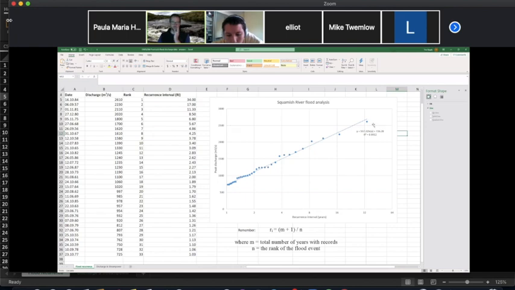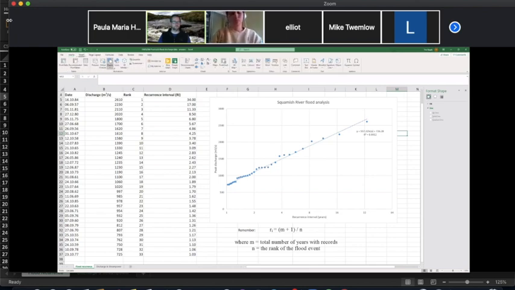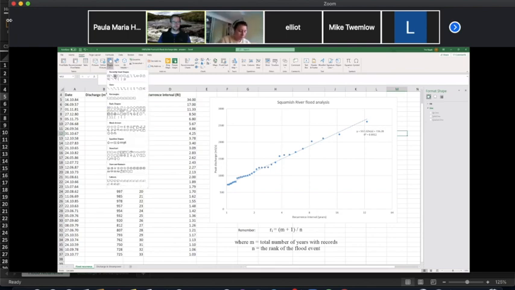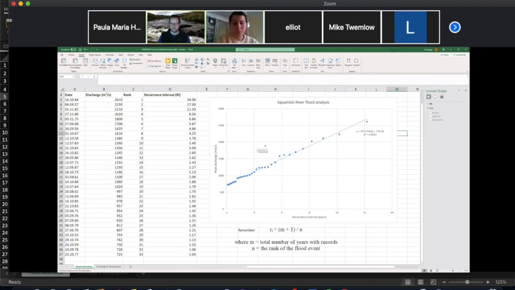So we've got no data point there, but our trend line runs through that part of the graph, which means that if we want to know how often a flood of discharge 2,500 would be likely to recur, we can come across to that part of the graph, and I'll just do it manually here. This is the sort of thing we used to do with pen and paper back in the day.